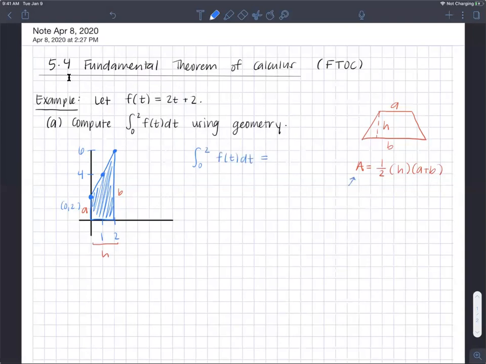And so I'm going to have 1/2 times its height, which is 2, times A, which is 2, plus B, which is 6. Is everybody okay with that so far? And so when I do this, the 2 and the 1/2 cancel, and you're just left with 8. So the answer here is 8.